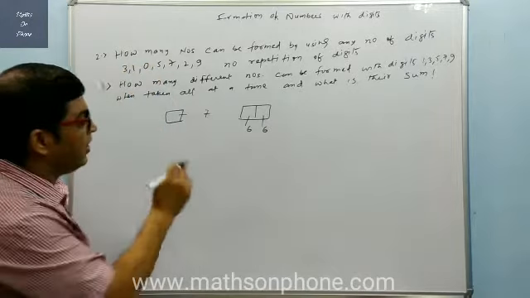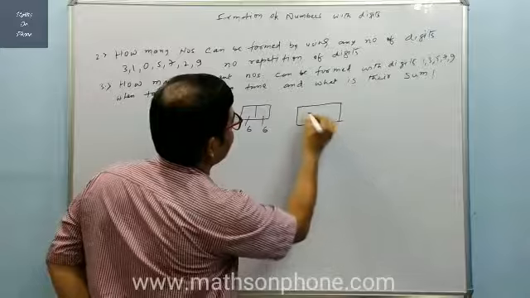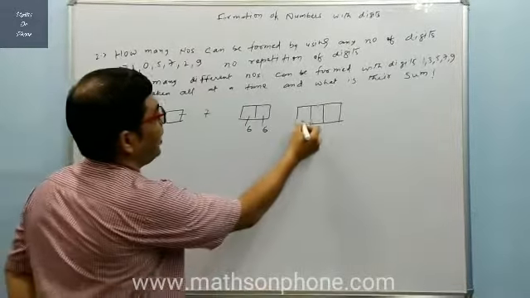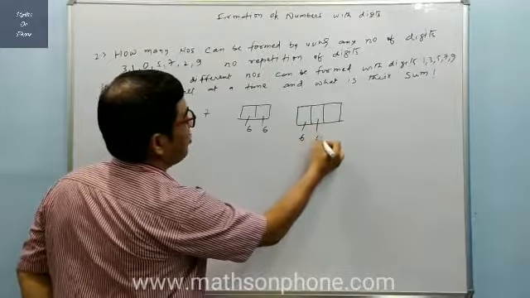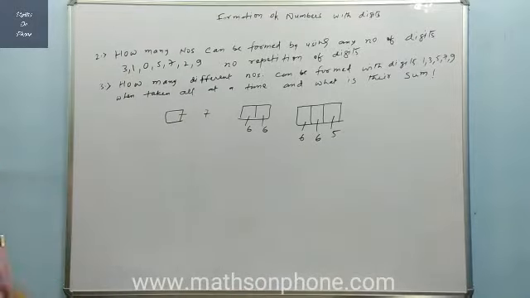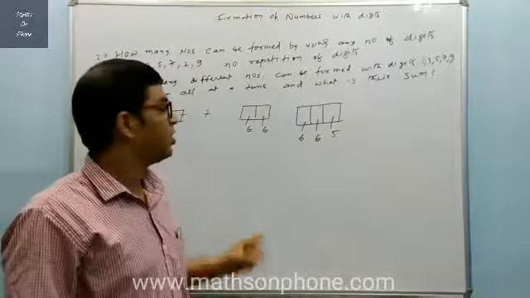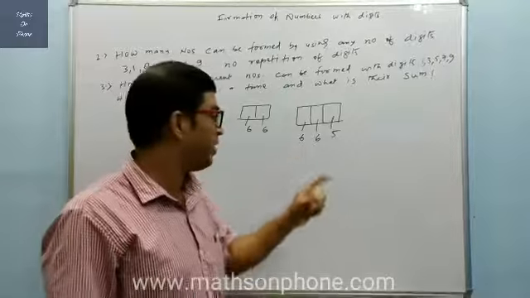Same way, if we have to find the 3-digit numbers, what process can we follow? This place can be filled in 6 ways, this place in 6 ways and this place in 5 ways. Like that, you go ahead and you will find the numbers with different digits: 1-digit, 2-digit, 3-digit, 4-digit, 5-digit.